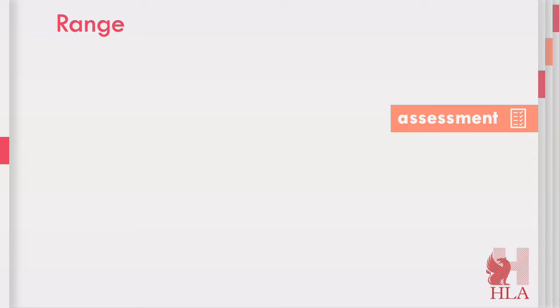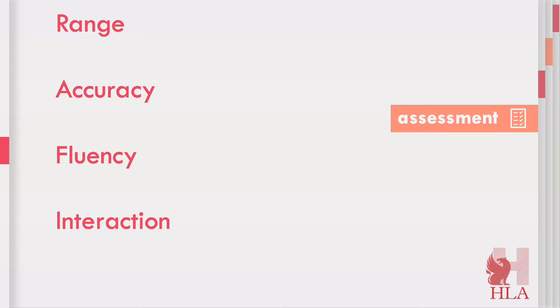When assessing your speaking, we'll be looking for range, accuracy, fluency, interaction, and coherence. The range is how much vocabulary, how much grammar you can use while speaking. Now, although we're looking for the amount of grammar and vocabulary, we don't want you to speak too much.